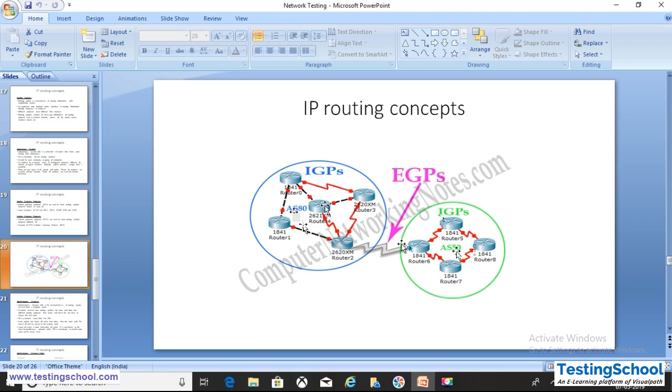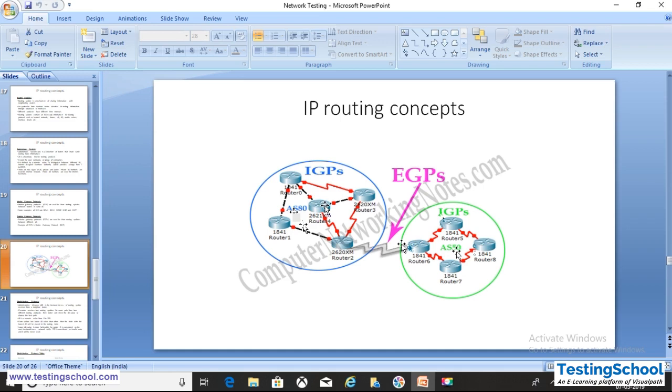So if we are getting the same information from different routing protocols, we check the AD value to choose the best path. AD is a numeric value from 0 to 255. If one update has a lower AD value than the other, the route with the lowest AD will be placed in the routing table.